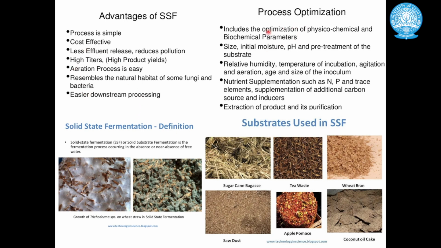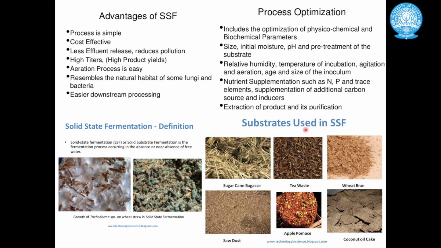And if you look at process optimization, it includes the optimization of physicochemical and biochemical parameters: initial moisture, pH, pre-treatment of substrate, maintaining relative humidity, and the temperature of incubation, agitation and aeration. All these things can also be optimized.